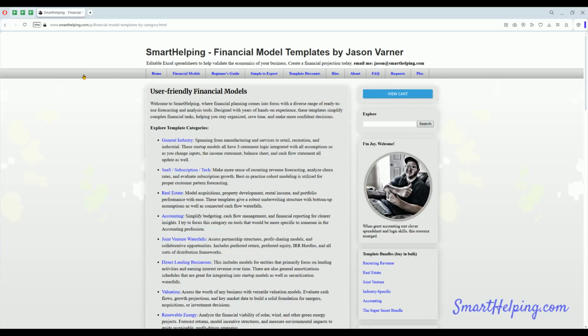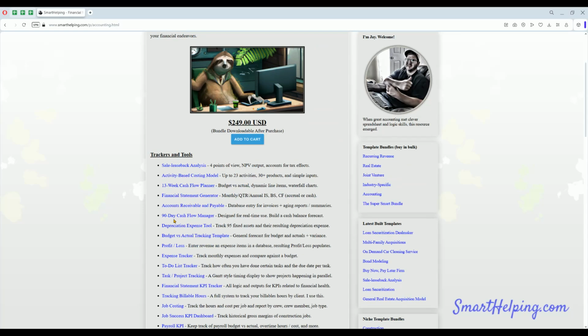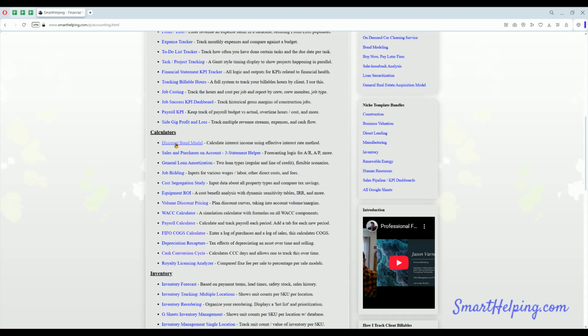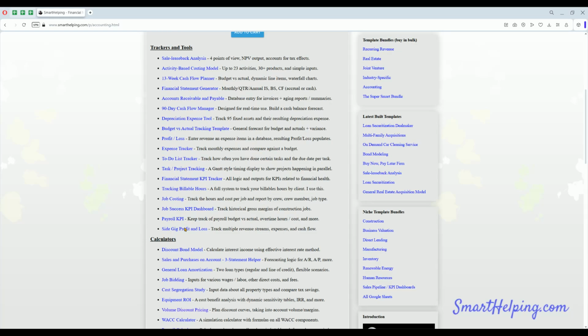Now, if you want to download it, let's go over to smarthelping.com. It's going to be included in two places. One, we go to the home page, go down to the accounting. It's going to be in here under calculators, and I'll probably label it something like absorption costing model. It's similar to the activity-based costing model right here that we did a while ago, but it's different, and it goes a bit further. But this is good as well, activity-based costing.